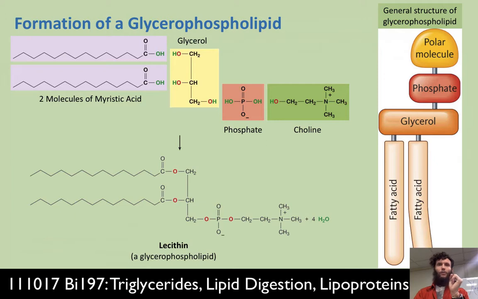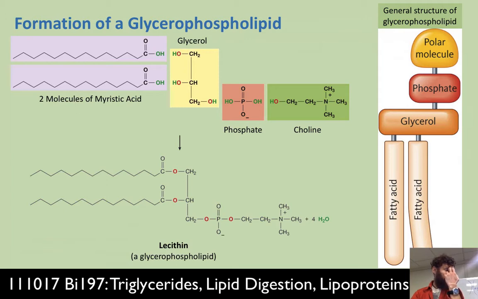Okay? So again, we're just increasing the amphipathic nature of the lipid here. And that thing that's replacing it is going to be choline, and that's the molecule that you see there. There's going to be a linker molecule, which is phosphate.